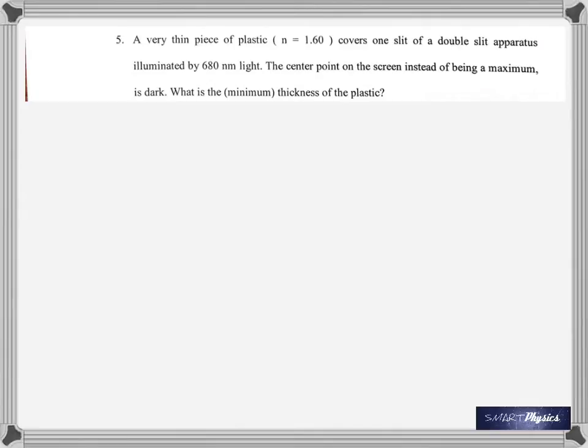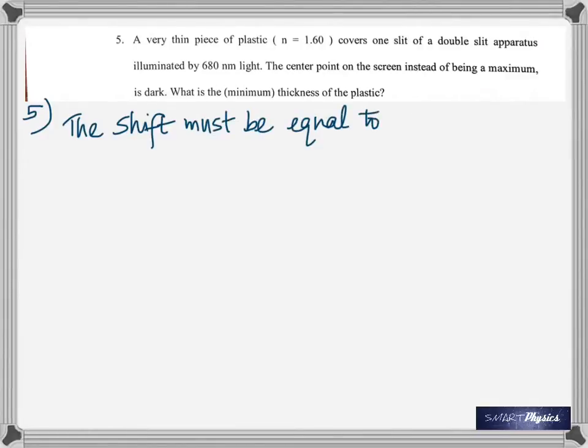Because for a maximum to change into a minimum, there should be a shift of half a wavelength. It should have gone from a crest to a trough. That's a very crucial point to understand, because a maxima and a maxima produces brightness. It's a maxima and a minima that produces darkness.